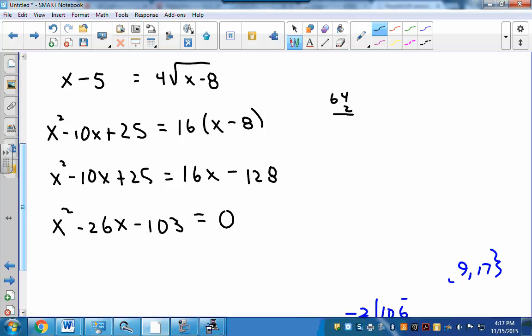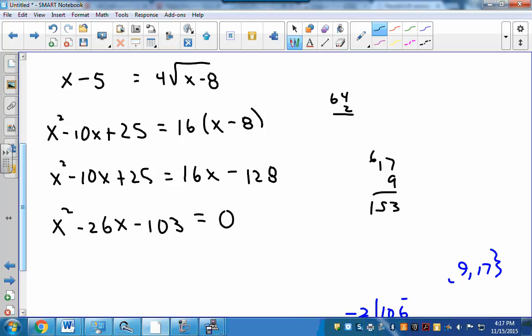So the answers are supposed to be 9 and 17. And if we just check, 9 by 17 is not 103. Let's see, 9 by 17. 3 and 6. That should be 153.